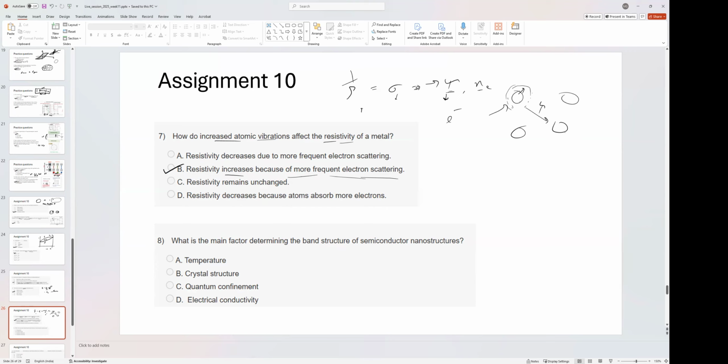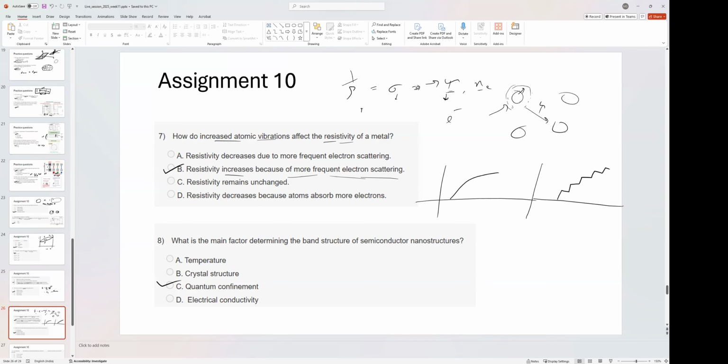What is the main factor determining the band structure of a semiconductor? The quantum confinement. You know, band structure for 3D looks something like this. Confine it in one direction, it becomes staircase like.